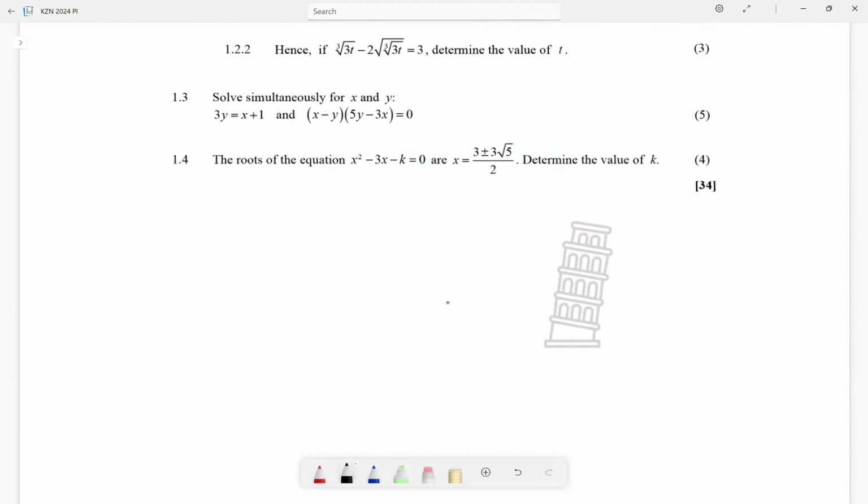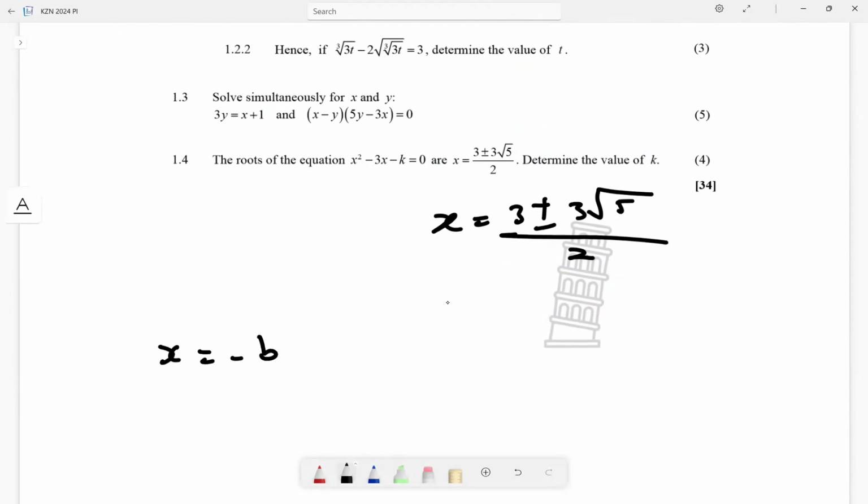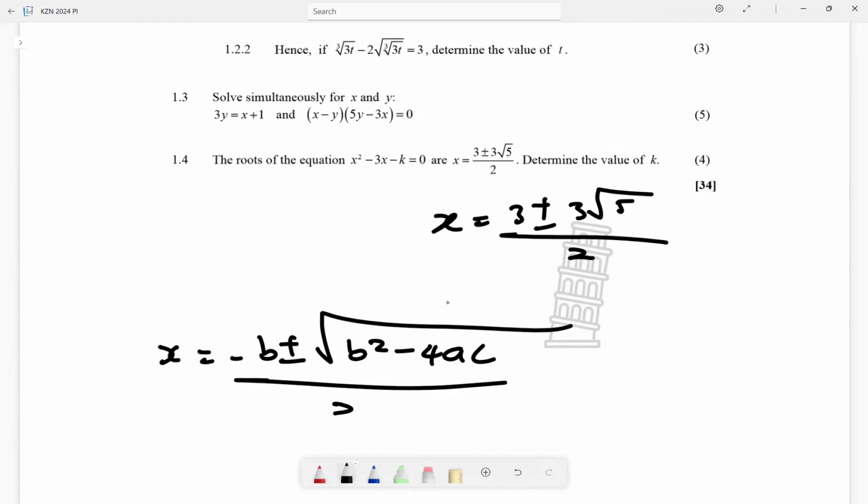But remember, if you have something like this, x equals 3 plus or minus. The formula says x equals negative b plus or minus the square root of b squared minus 4ac, divided by 2a. Now, remember the roots.